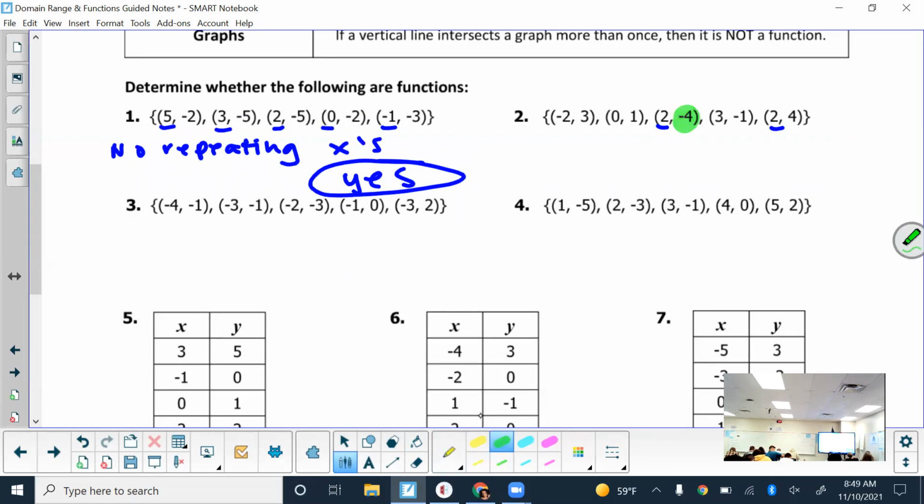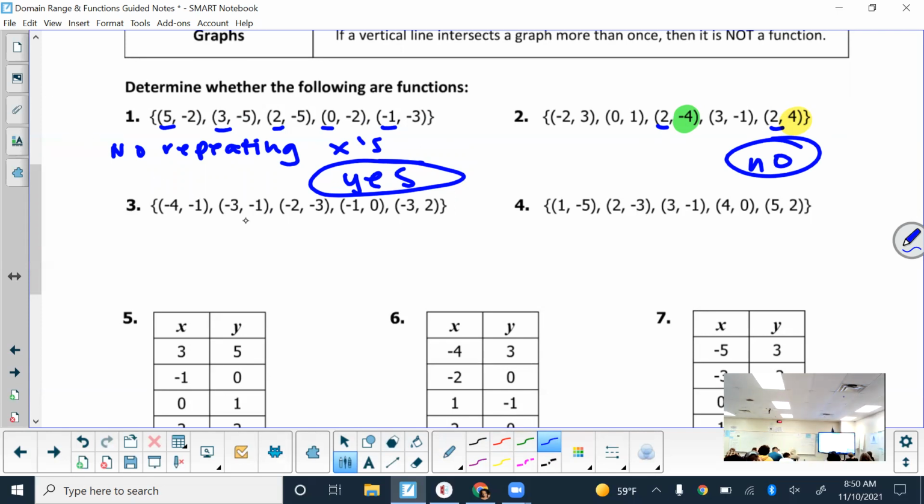Good. So that means that it's not a function if their y's are different for the same x. So no, it's not a function. A good test question would be, how can I make this a function? Like what coordinate can I replace? So you could see that on your test.